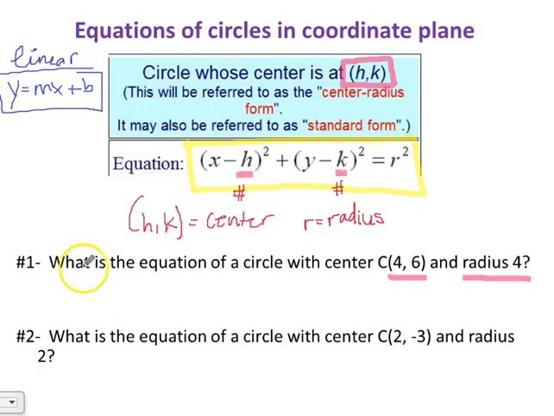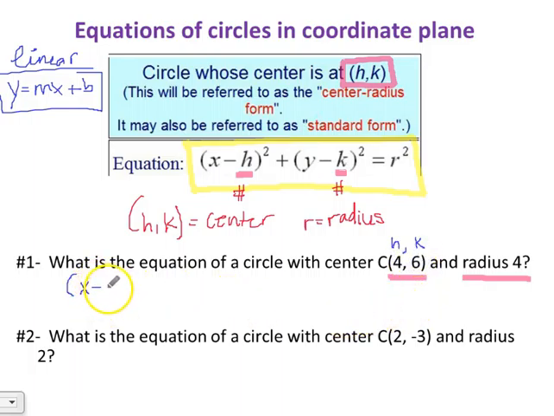The equation for a circle is going to be (x minus, it's always x minus. That minus is built into the equation for the circle. The center of the circle is at (4, 6), so 4 is the first number in our parentheses, so that's going to represent our h, and the second coordinate 6 is going to represent the k, and that represents our center of the circle.